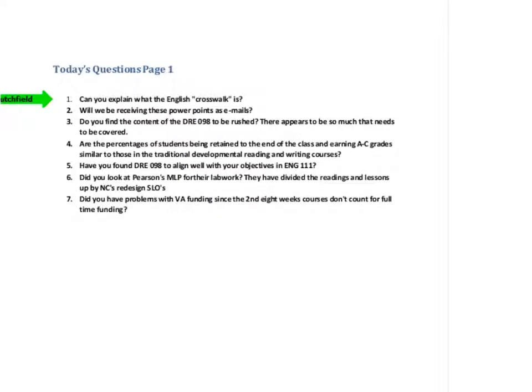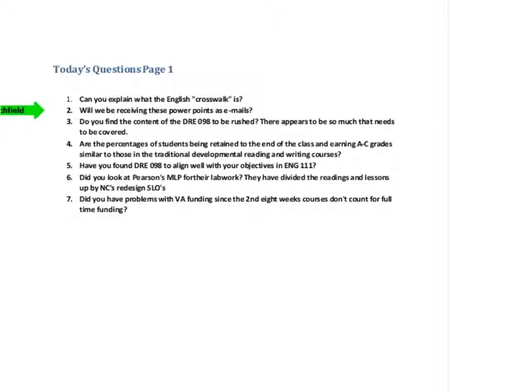And one is a course-to-course crosswalk. For example, if you have completed reading in English 80, you may feed into DRE 98. So there are two different crosswalks, but it's how the old system can play with the new system until we get the whole new system in place.